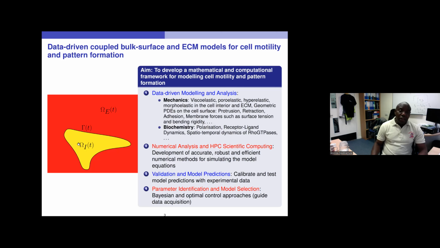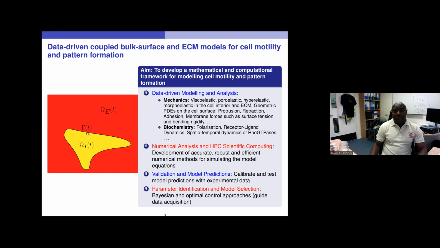The interior of the cell I denote as omega I of t. I'm completely ignoring a lot of things about the cell structure: the cytoskeleton, intermediate filaments, the nucleus. There's a whole lot of other processes happening inside. I'm just going to be very crude and consider my domain to be a uniform domain omega I of t, and it's evolving.